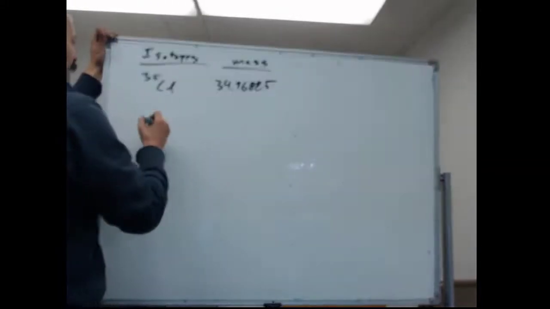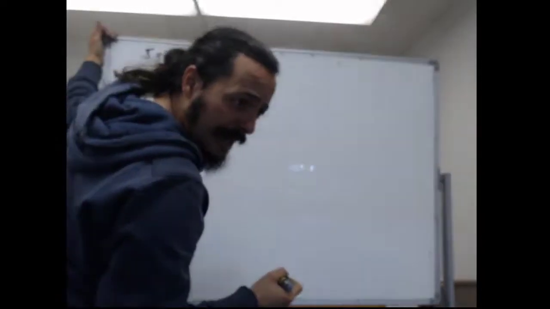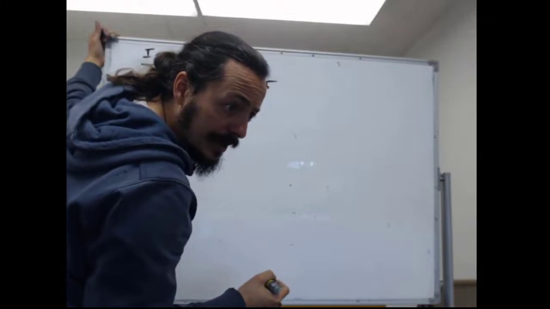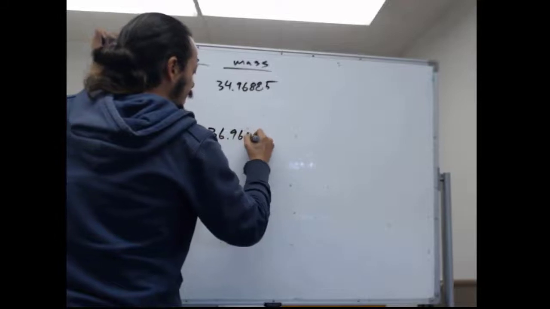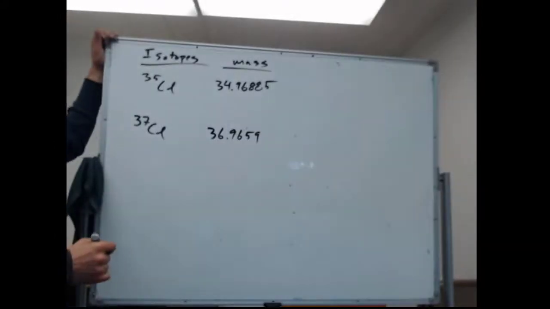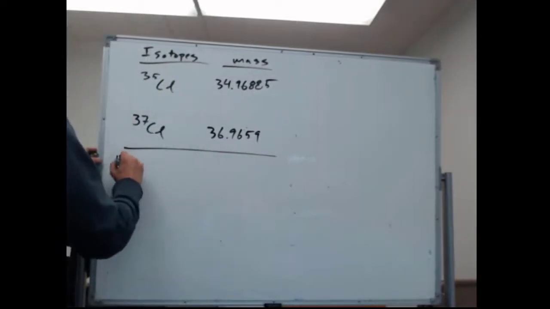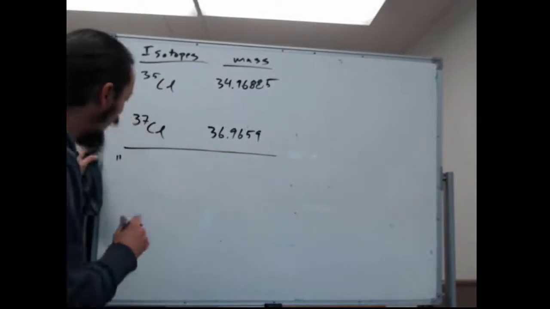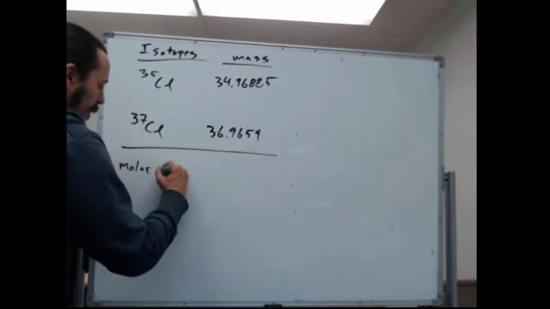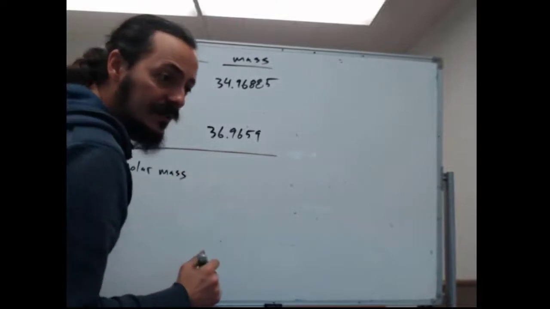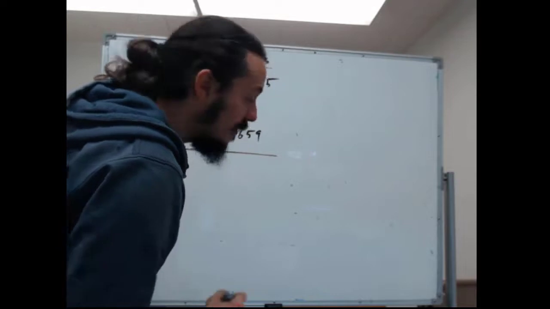And we've got an isotope that is chlorine-37 with a mass of 36.9659. And then we also have the molar mass of 35.77968.